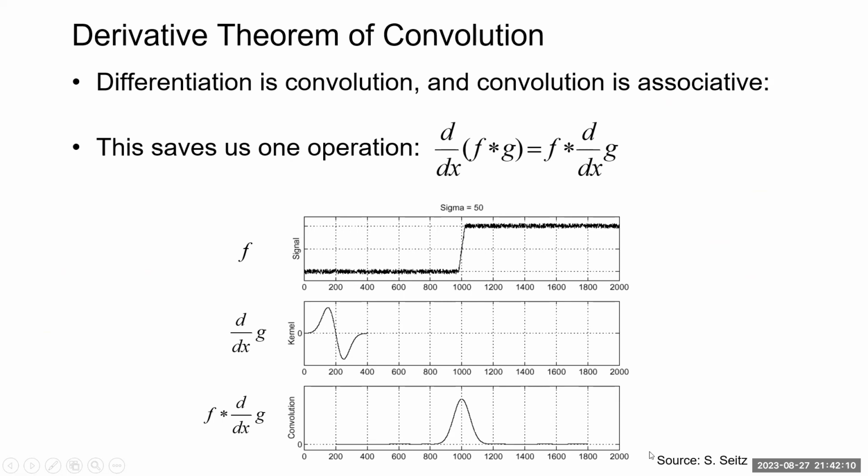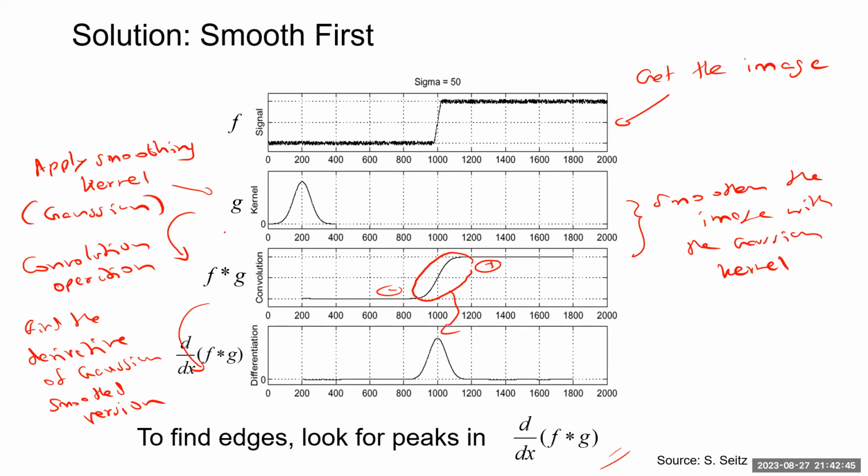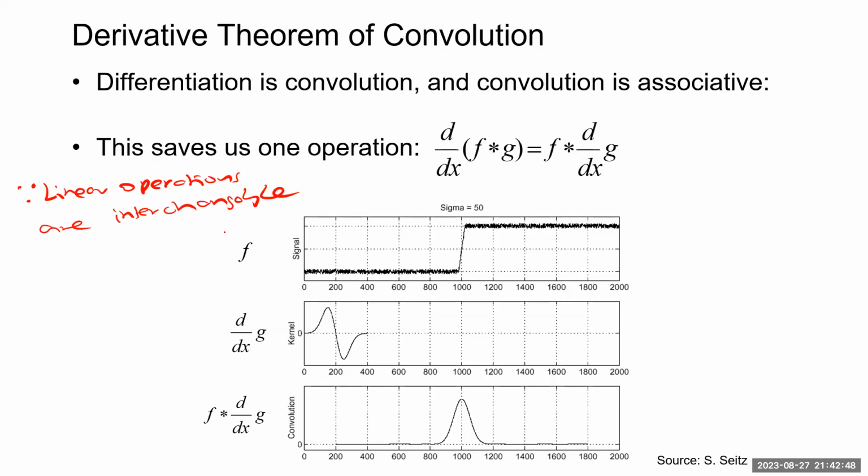So this particular feature is there because of this property: linear operations are interchangeable. Okay, I hope that is clear.